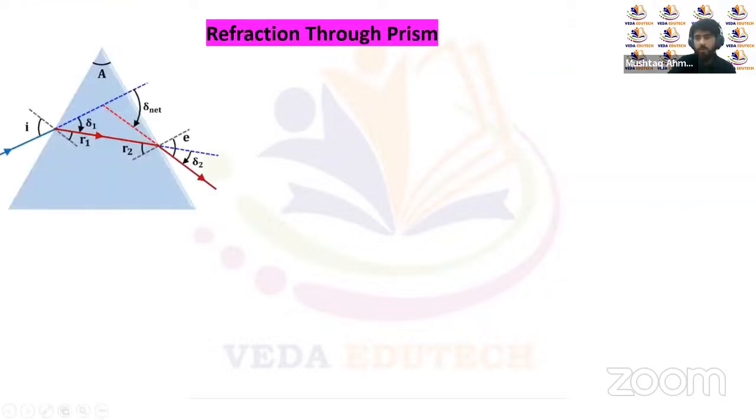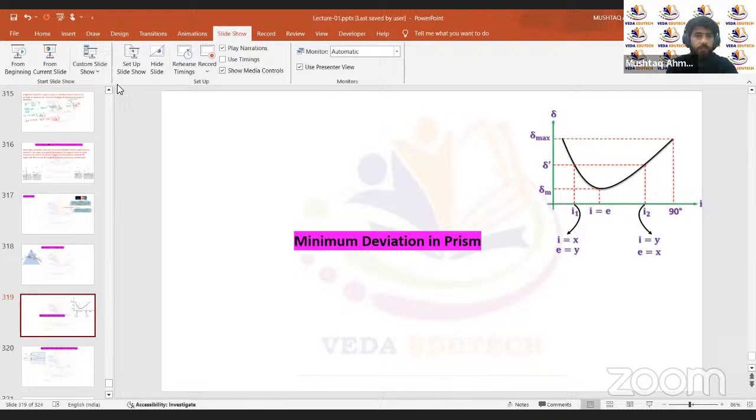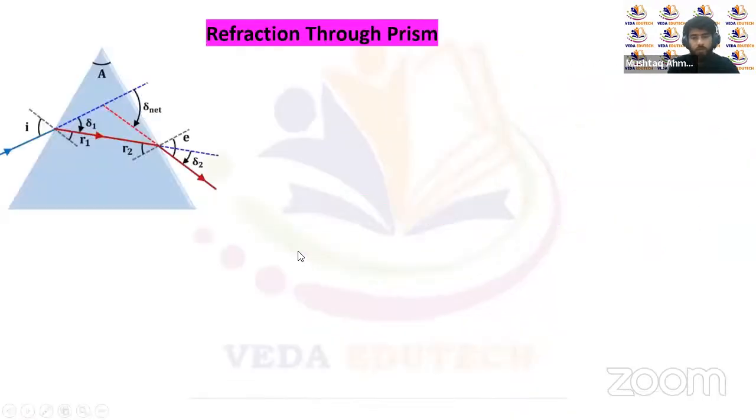Now let's talk about refraction through a prism. You can see here the refraction through a prism.